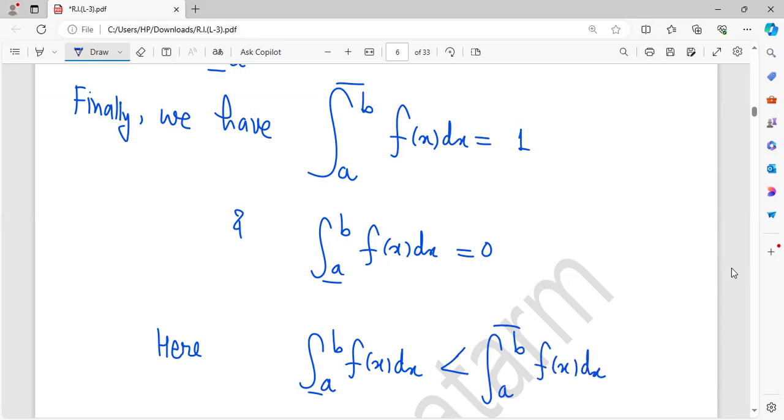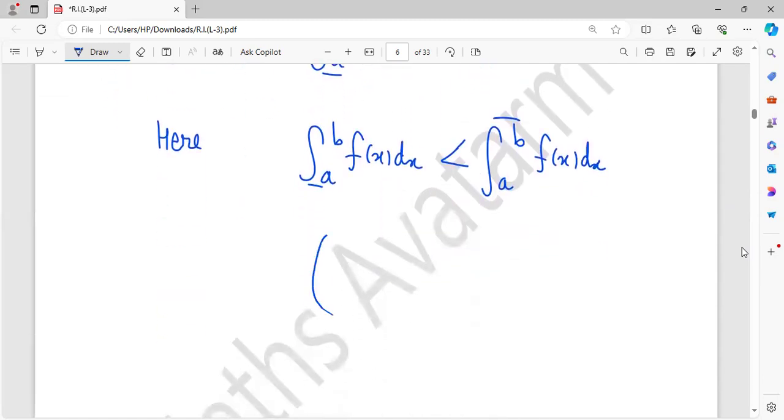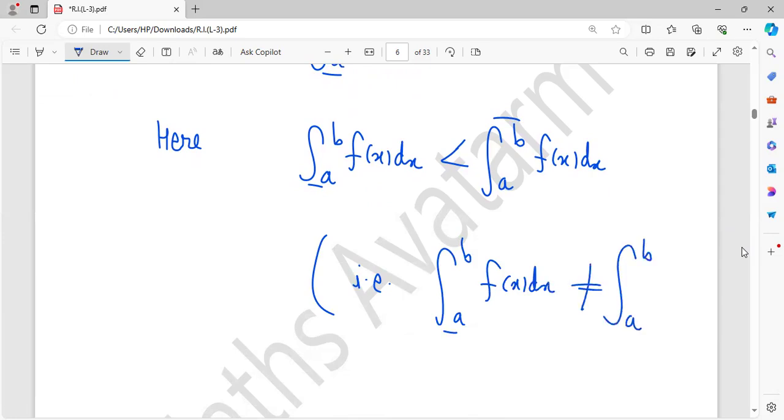It means they are not equal. We know that the lower integral is less than or equal to the upper integral, but here it is not equal. The lower integral is strictly less than the upper integral.